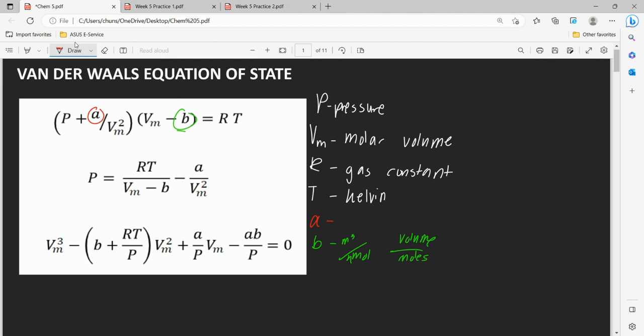okay, so we've got our pressure. So this is our mass per our area. And this has to be equal to, so we've got some unknown A, and 1 over our volume over our moles.